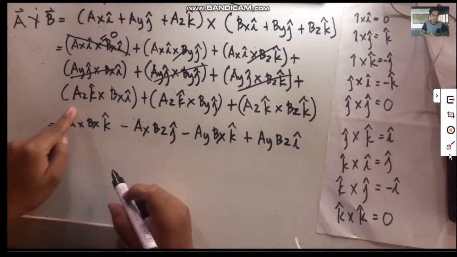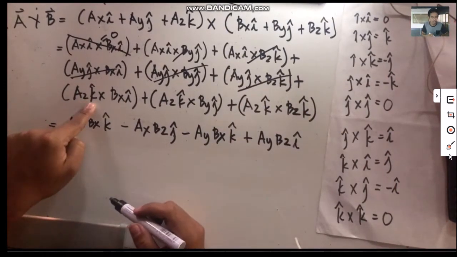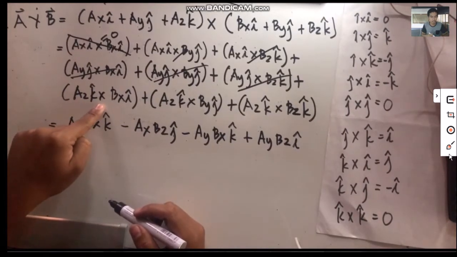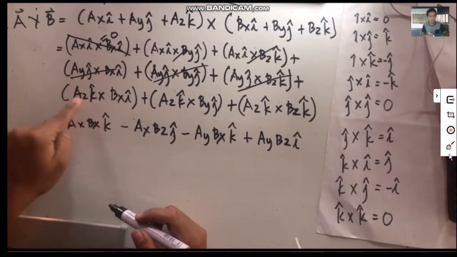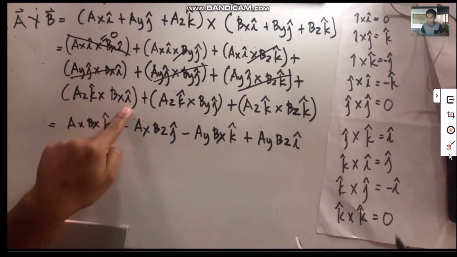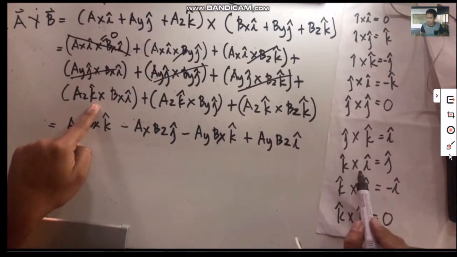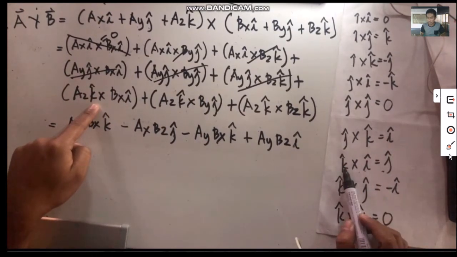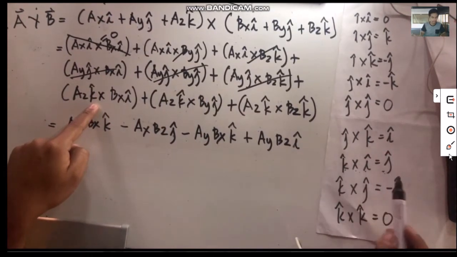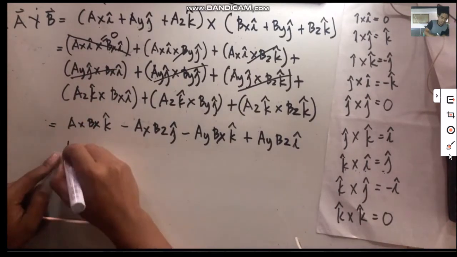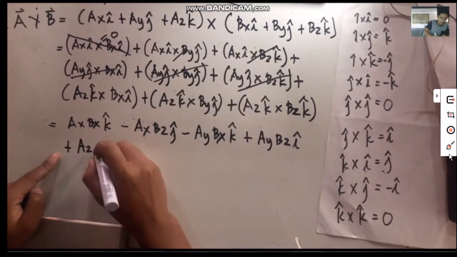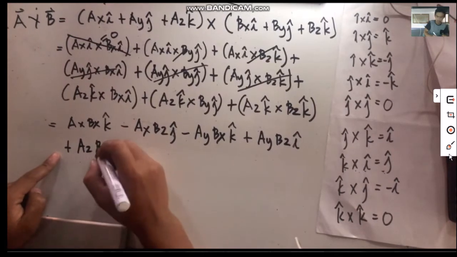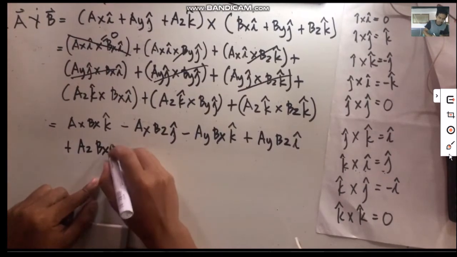Next, az k hat cross bx i hat. What is k hat cross i hat? K hat cross i hat is j hat, right? So this one is plus az bx j hat.